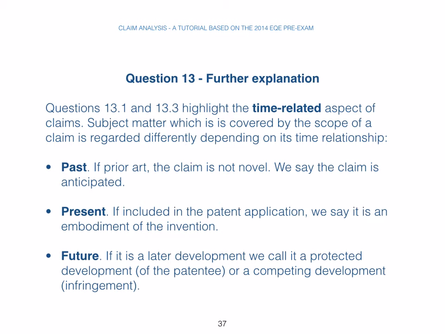So when you are claiming an invention, you cover the client's disclosed embodiments, which is the present, and you generalize the claim to cover undisclosed future developments by the client or competitors, while hopefully excluding past embodiments, which are the prior art. So that is the time-related aspect of claiming. Let's turn now to the next questions.